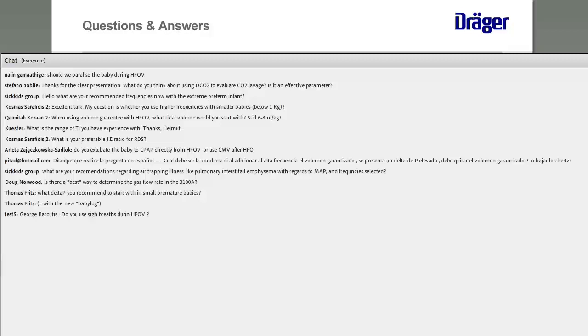What delta P do you recommend to start with in small premature babies? We try to use lower than 20, 25 if we can. But if you have the possibility of knowing how much tidal volume you are using, this is the best way.